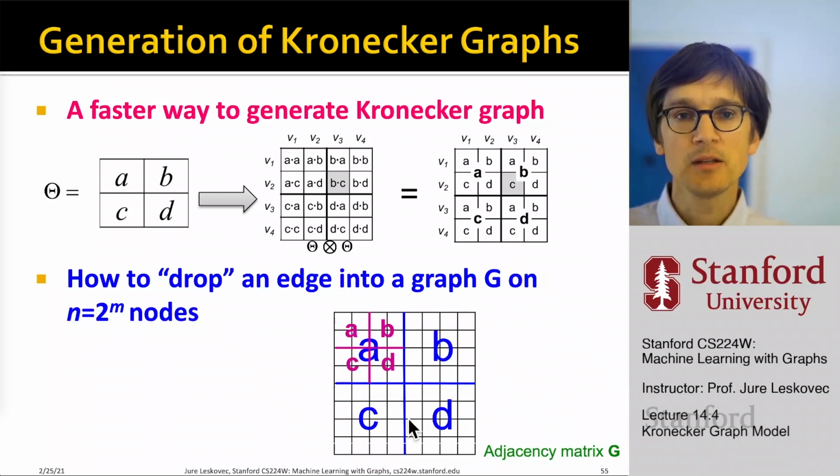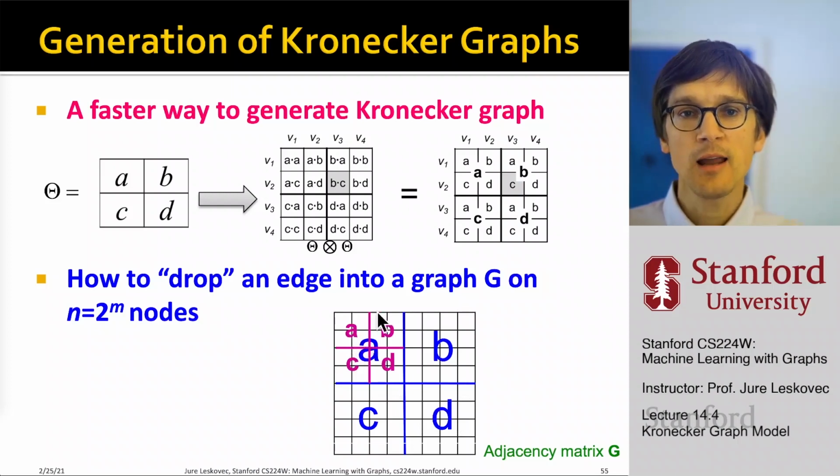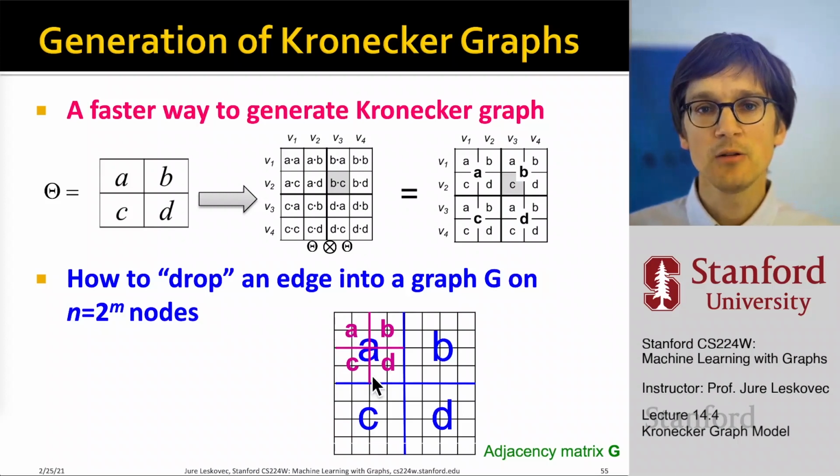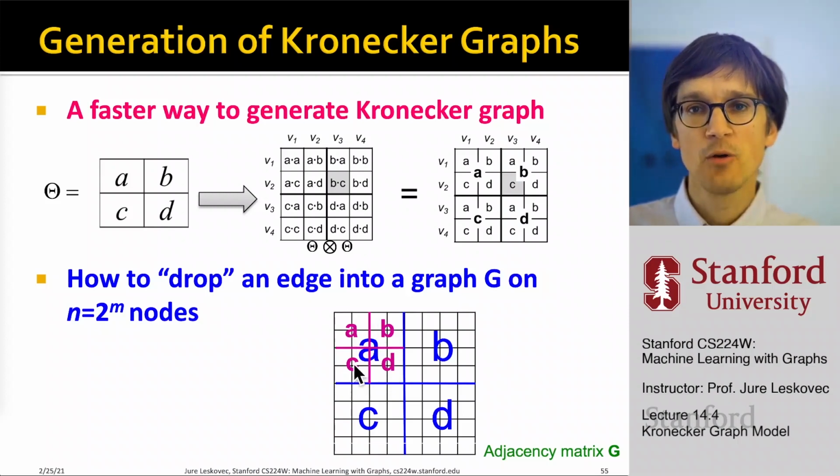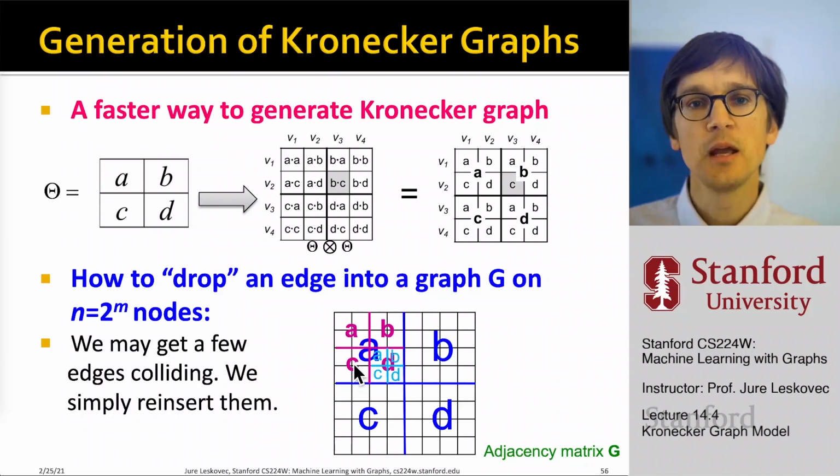Now that you have picked it, you say, let me again split it into four parts, and again pick which of these four subparts I want to dive into. And you would pick one of them.